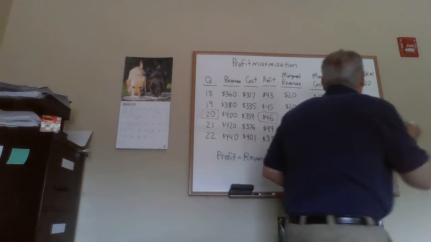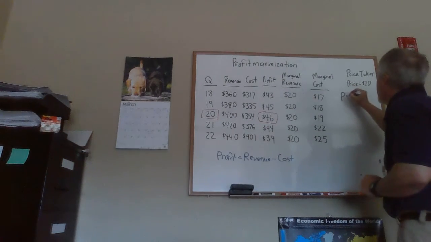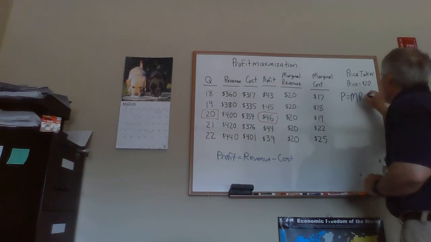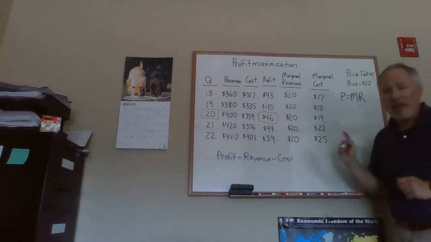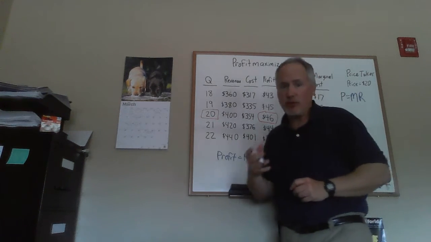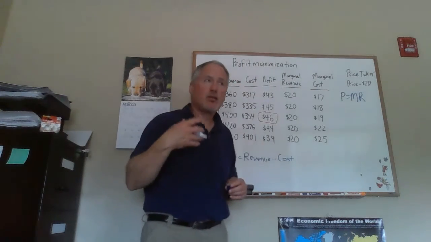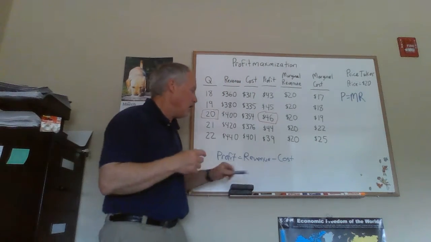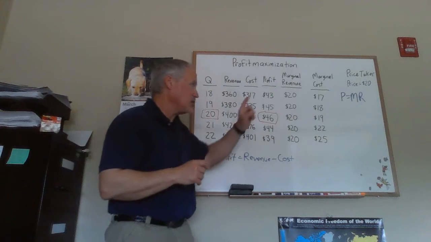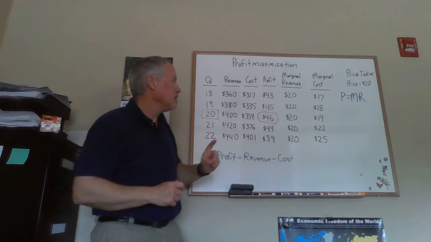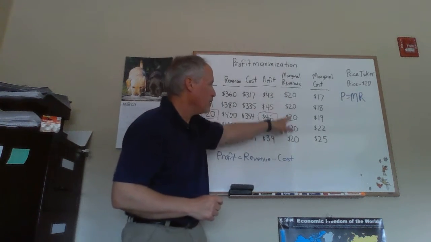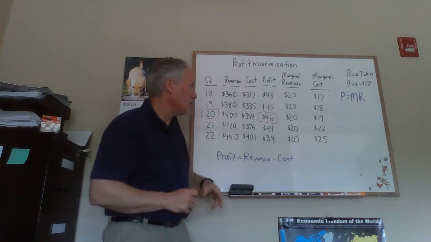So in this case, price is equal to marginal revenue, but that's only going to be true when the firm is a price taker. Later in the class, we'll talk about some cases where firms aren't necessarily price takers. But for a price-taking firm, the marginal revenue is just the price. So the marginal revenue is constant at $20 here.